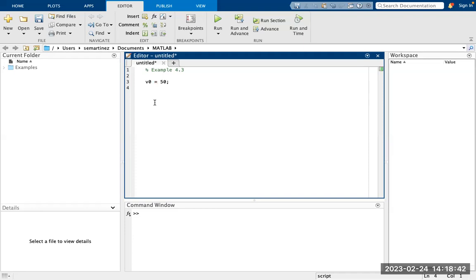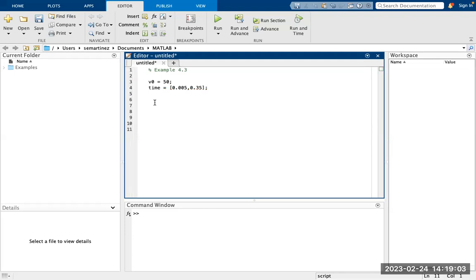We have our time span, which is going to be from 0.005 to the final time, which is going to be 0.35. So that's the way to specify.